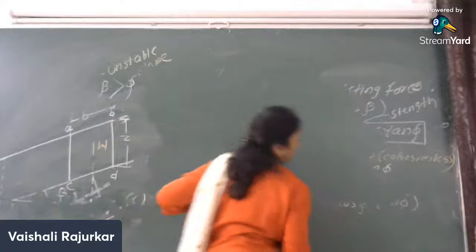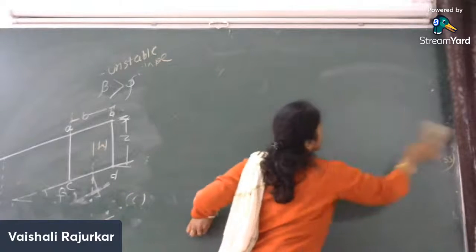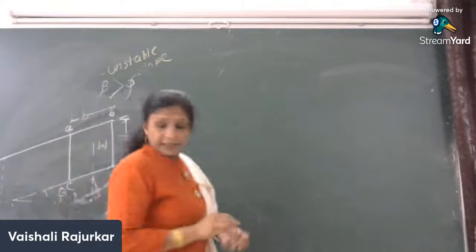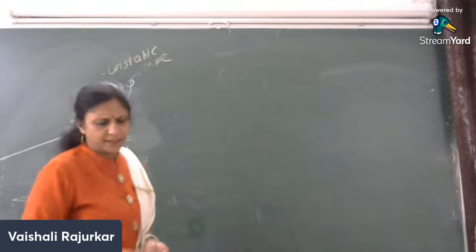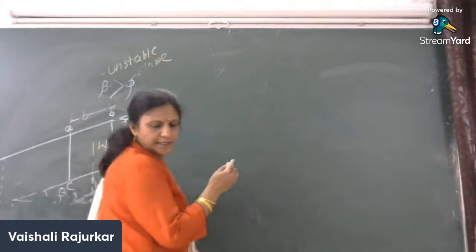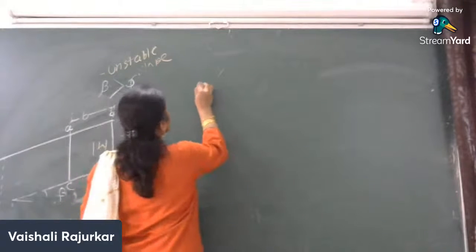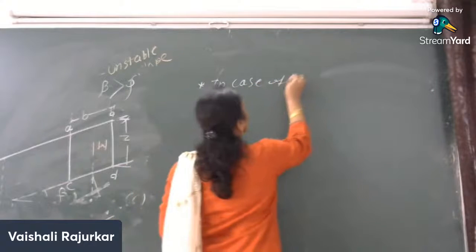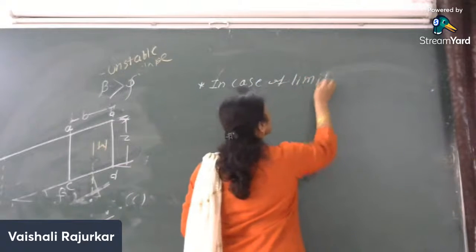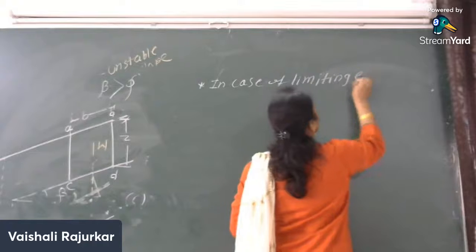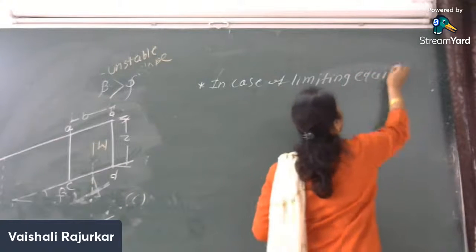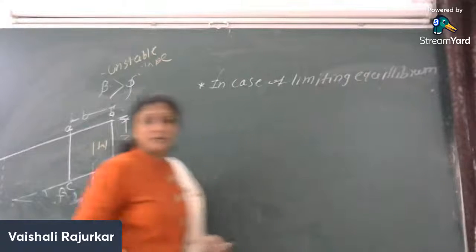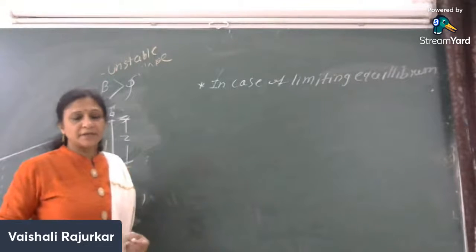Now here, suppose your factor of safety is what? In case of limiting equilibrium, what is the case of limiting equilibrium?